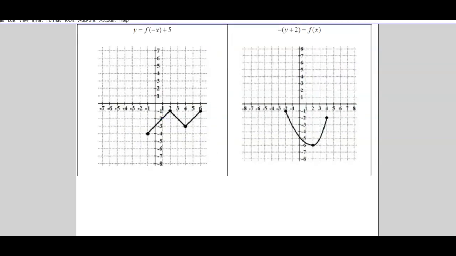Next one, we've got here a reflection in the y-axis, and the +5 outside of f means a vertical translation 5 up. So, reflection in the y-axis, negative 1 becomes positive 1, and then 5 up.